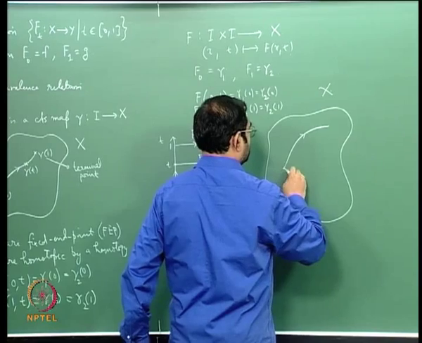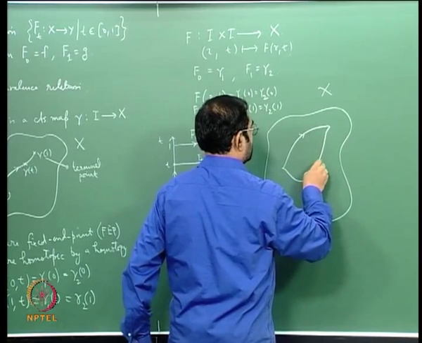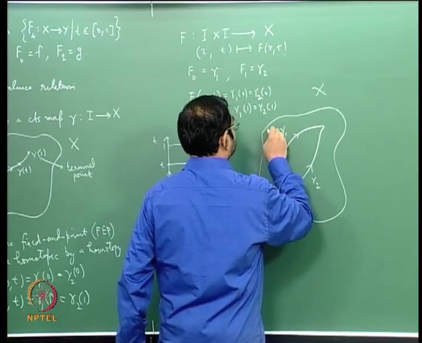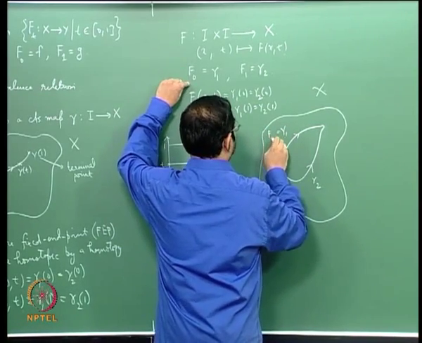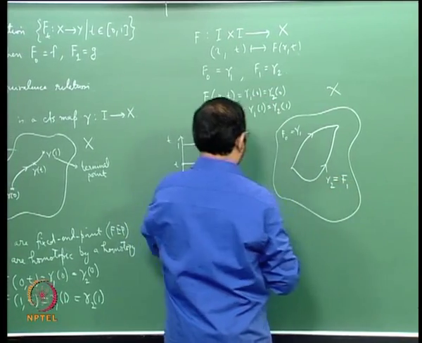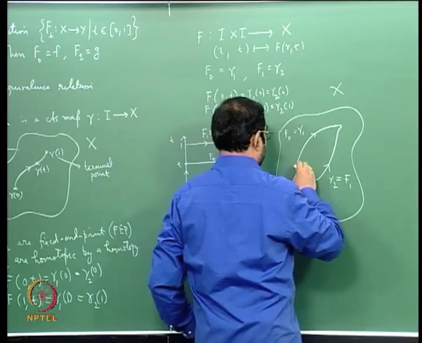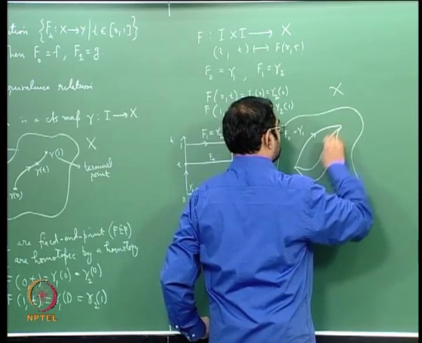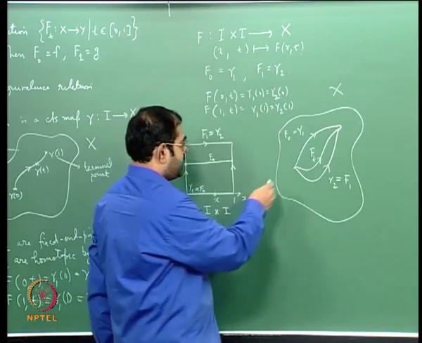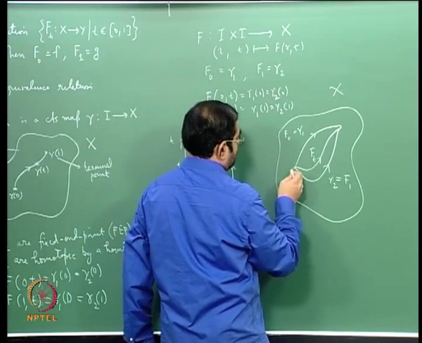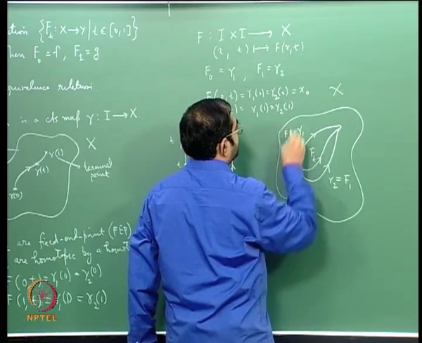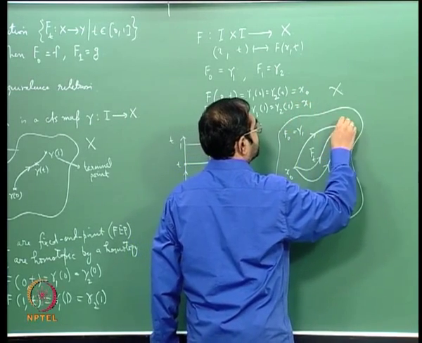So finally this whole diagram will look like this. I will have gamma 1 and gamma 2 here. Gamma 1 is the map at time 0, gamma 2 is the map at time 1, and at an intermediate time the map is going to be f sub t. If I call this point x0, this is going to be the point x0, and if I call this point x1, this is going to be the point x1.